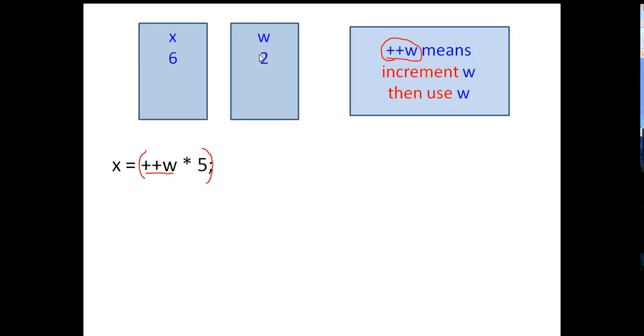So we increment w, so it becomes 3. So now w is 3. And then we can take the 3 times 5. So we increment first, now we use it. We're going to use it, so it's 3 times 5, which is 15. So x is assigned 15.